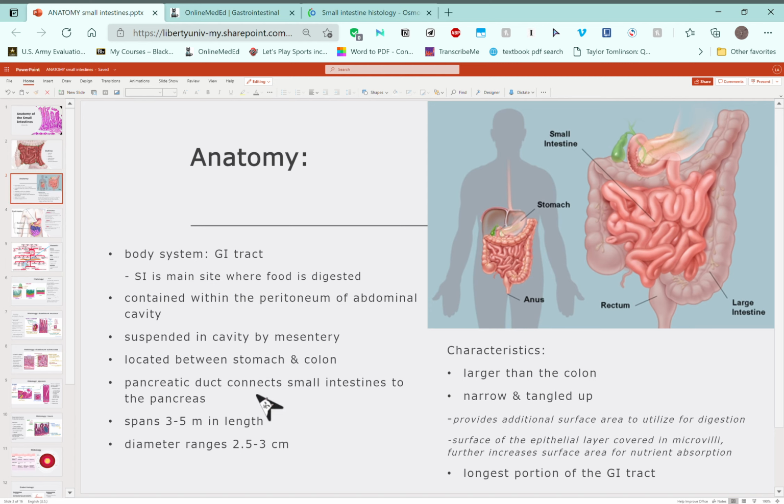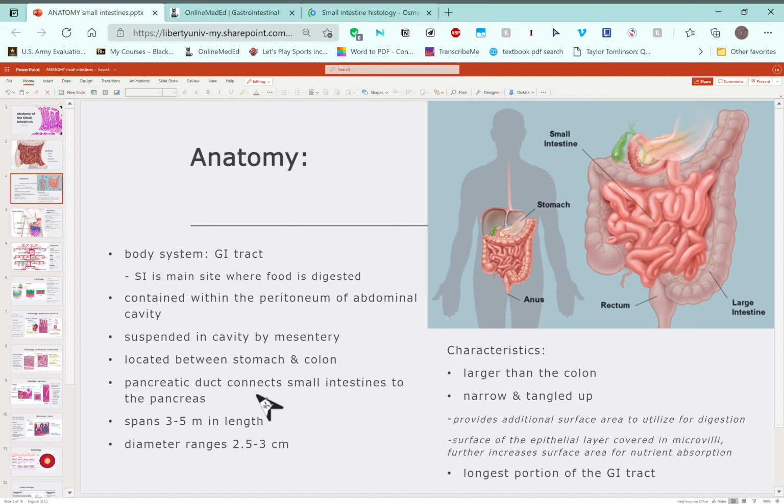The pancreatic duct is a structure which connects the small intestines to the pancreas. The pancreatic duct actually has secretions from the pancreas. It merges with the common bile duct, which receives bile secretions from the liver.